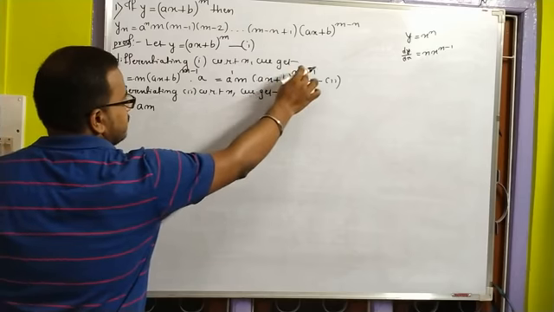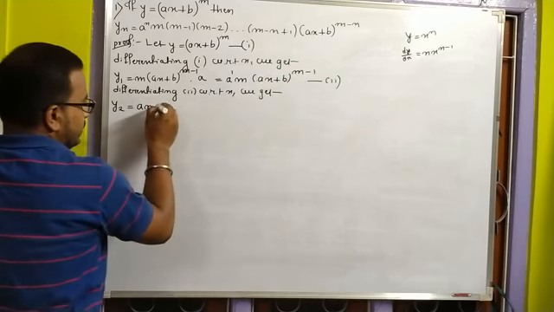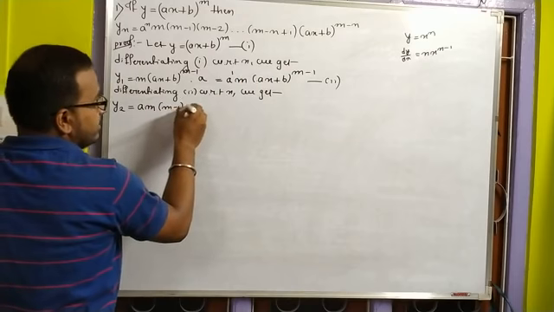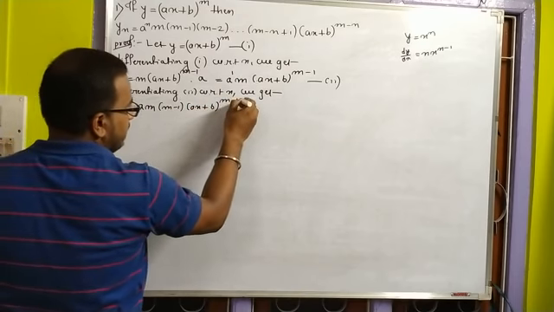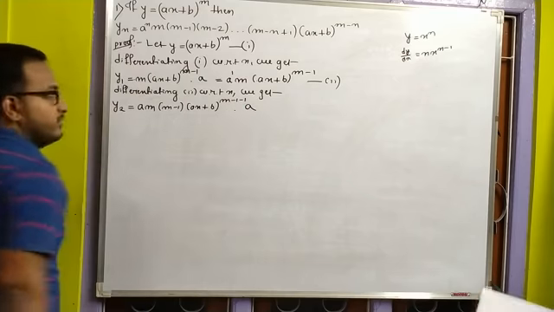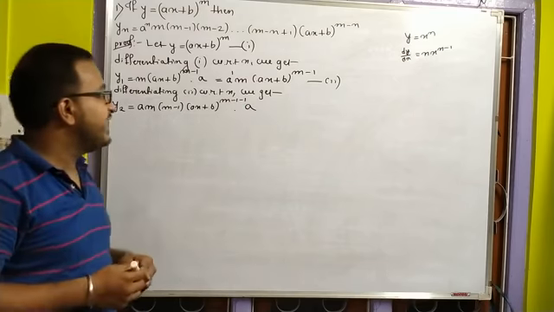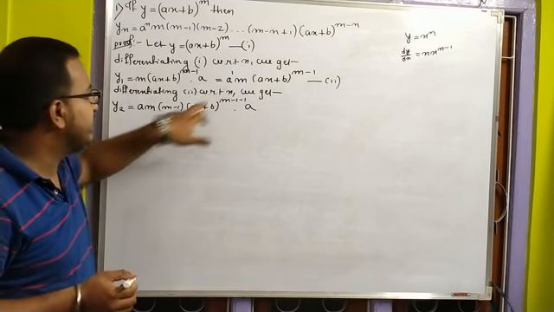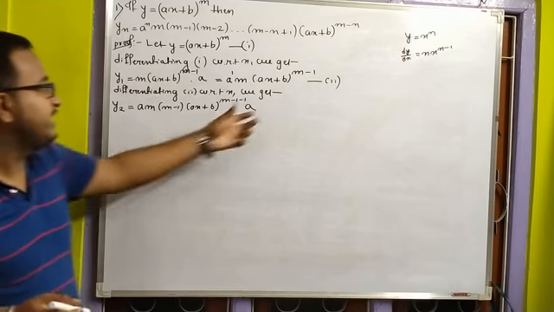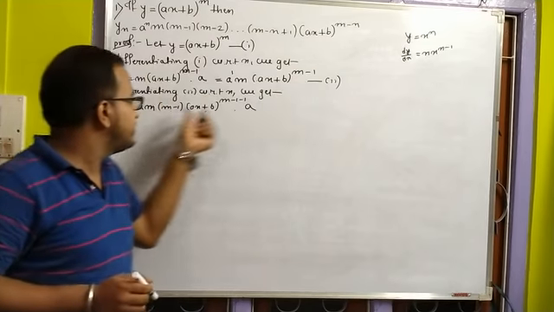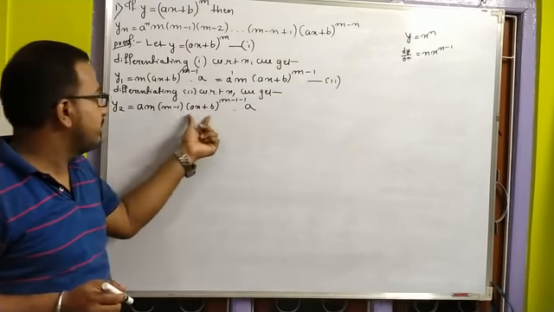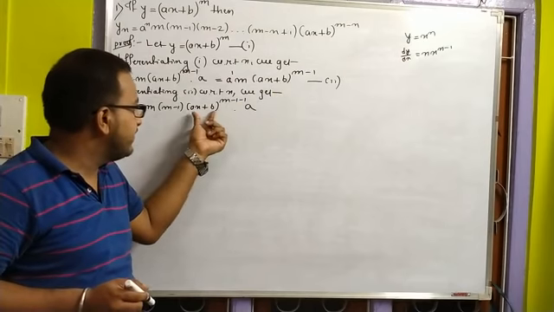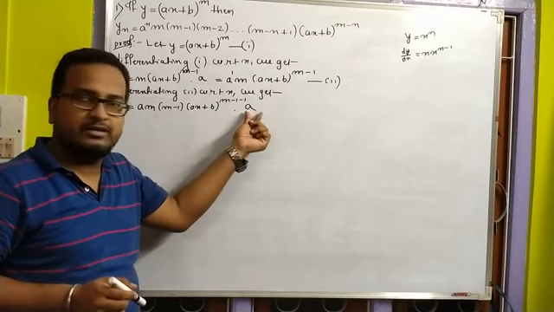X to the power n, so m will come here, so it will be m minus 1, ax plus b to the power m minus 1 minus 1, into a, isn't it? Because this a is constant, so we can keep the constants here. Then the derivative of this will be this into this to the power this minus 1, into the derivative of this. So the derivative of this will be a, right?